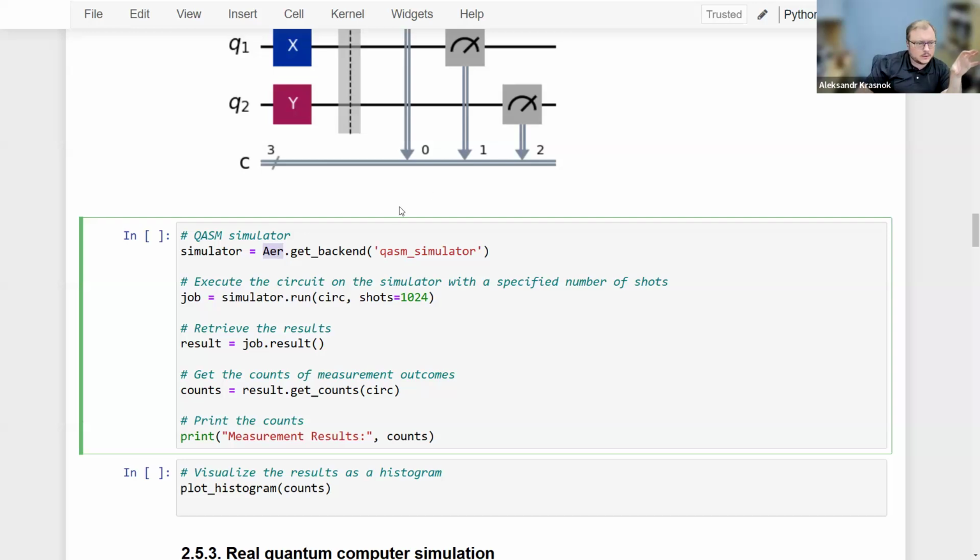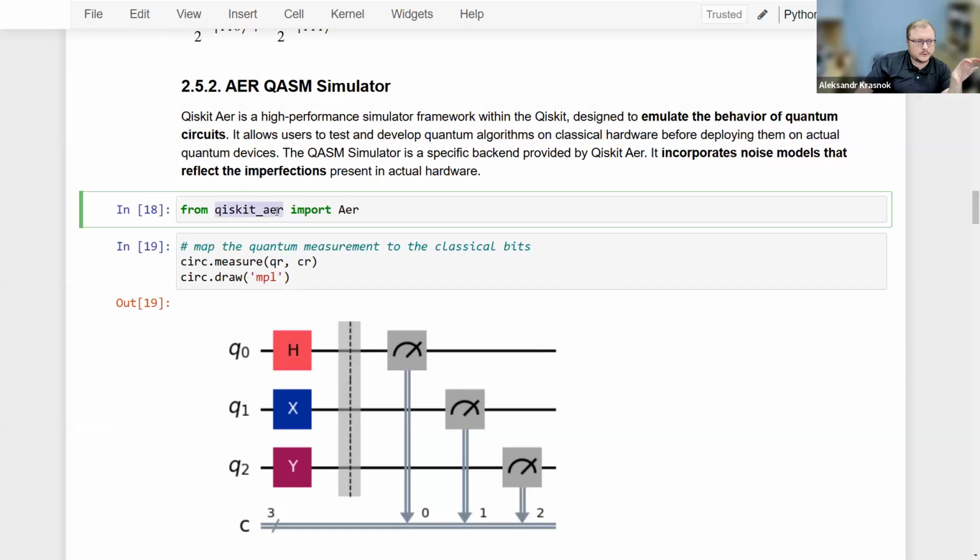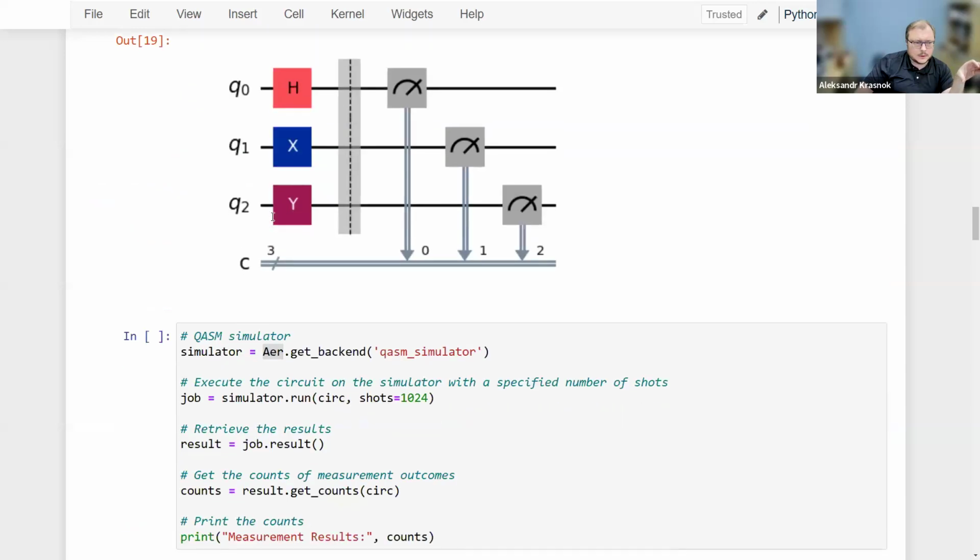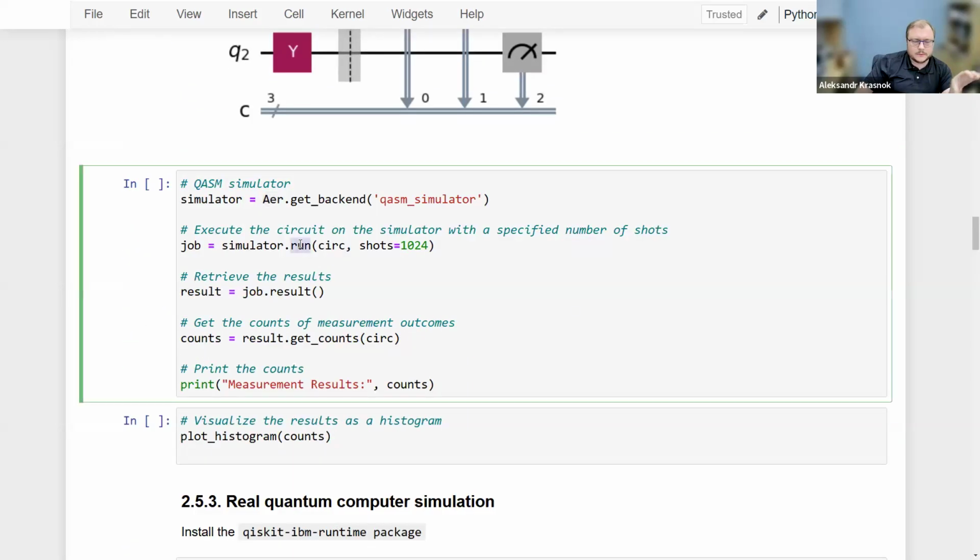It was Aer without this Qiskit Aer, without this underline Aer, and then instead of run, it was execute, and some other differences. So make sure that you use the updated approach, right? With run in here. So simulator, then run, and then the name of your circuit and the number of shots, right?